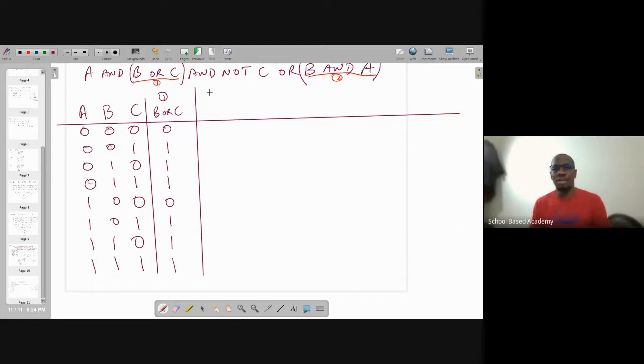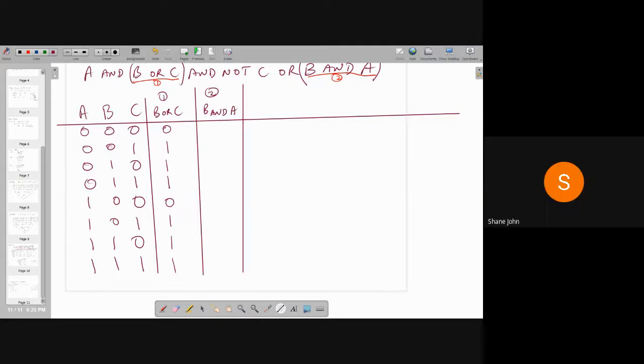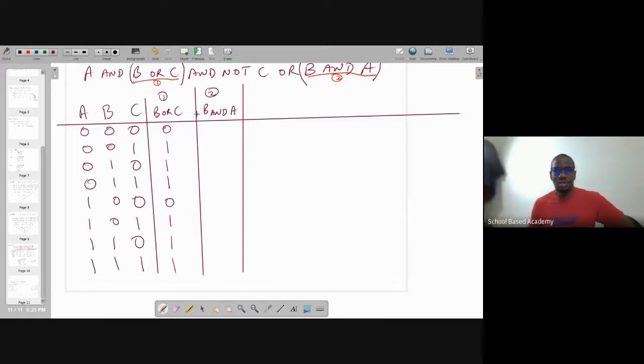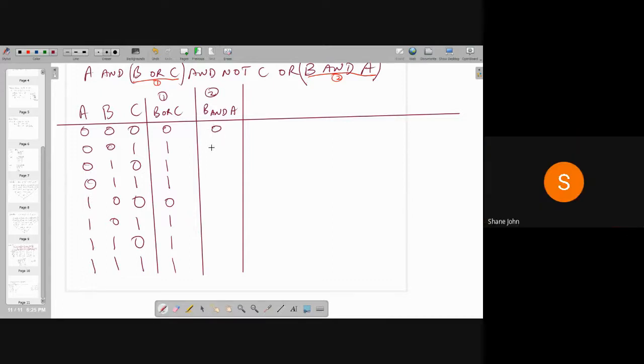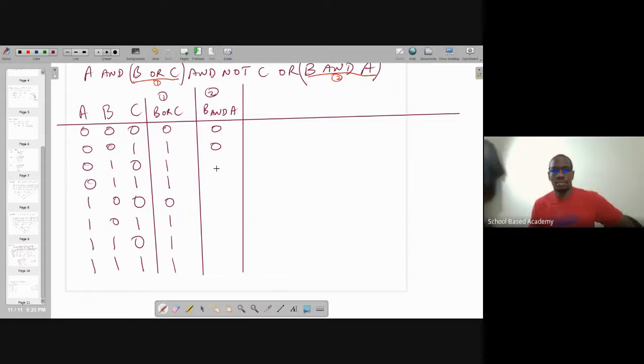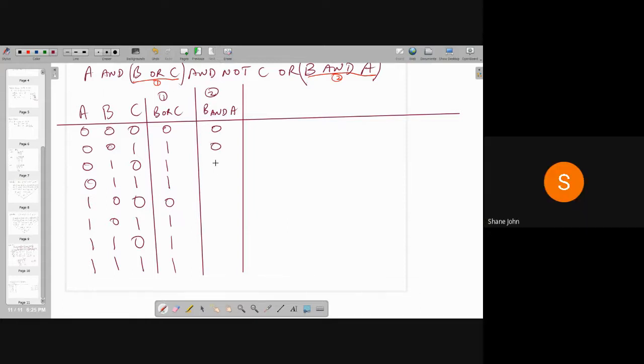We have the second one, which is B and A. Somebody else, walk me through it. 0, 0, so we have 0. 0, 1.